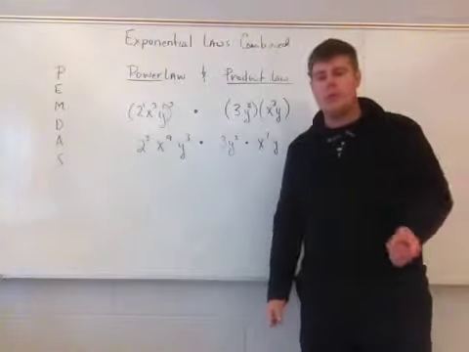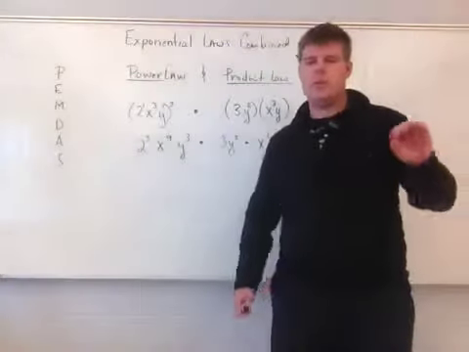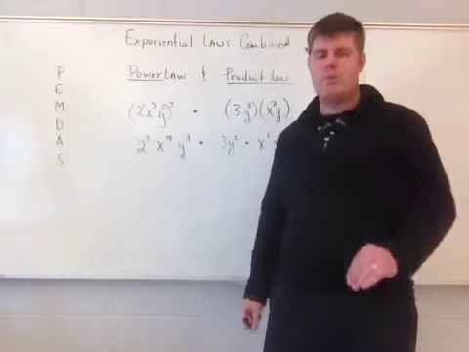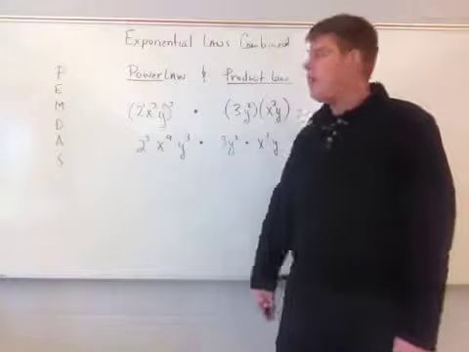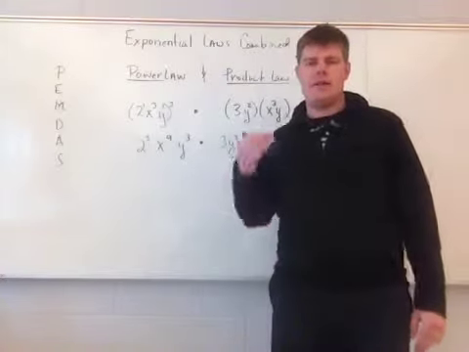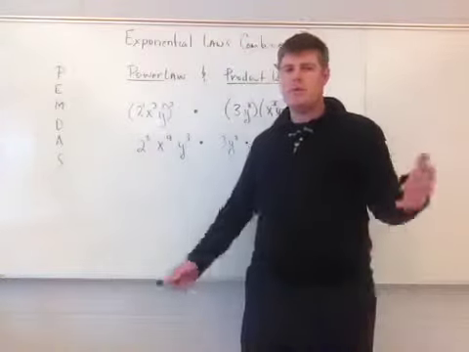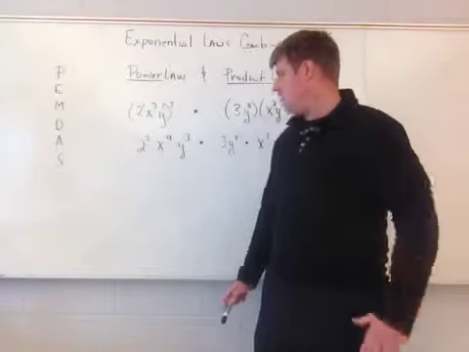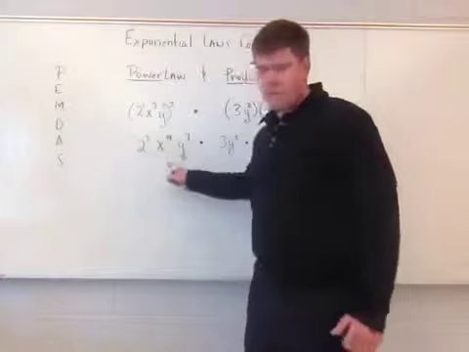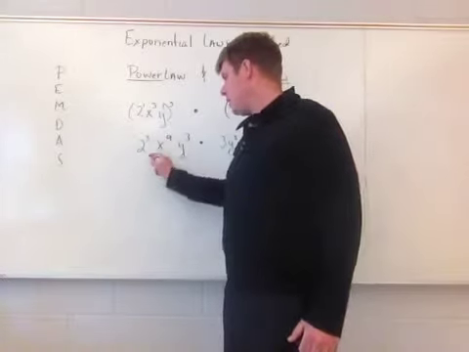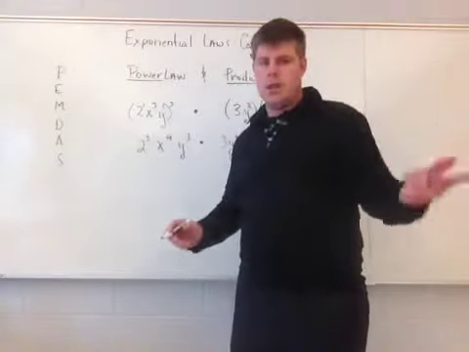The most important thing now is that we always multiply the coefficients first. Anything that's not an exponent, that is a number, we multiply together. Right here I have 2 to the third power, which is really 2 times 2 times 2, which is 8.